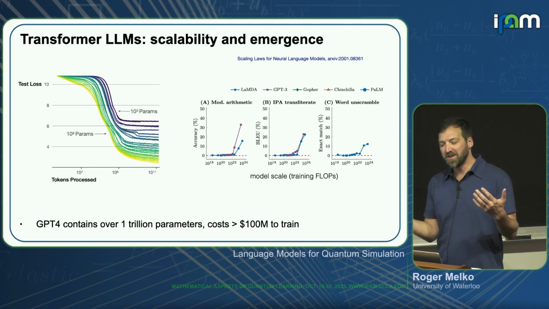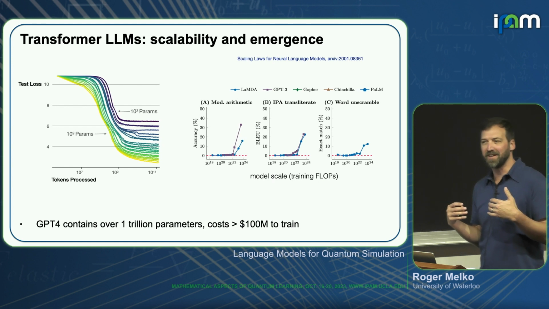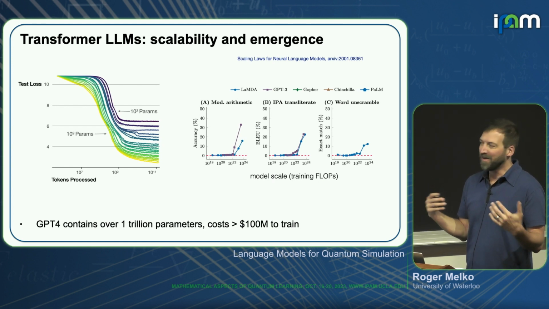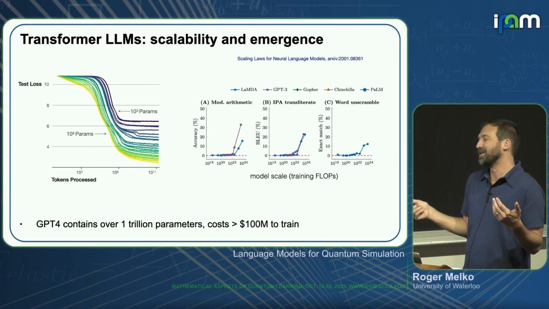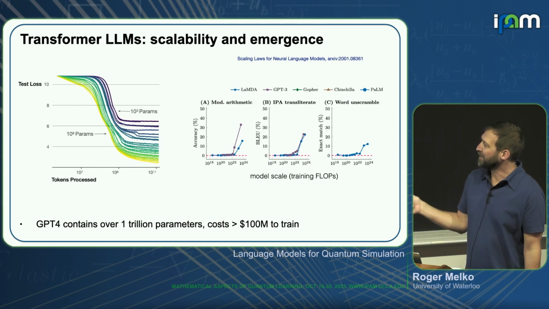The beauty about them is they demonstrate, since 2019, 2020, vast performance improvements over RNNs, and what the community calls scalability and especially emergence, which I love as a condensed matter physicist. This is a fairly old model now, but an interesting paper from 2020 showed the performance of transformers.